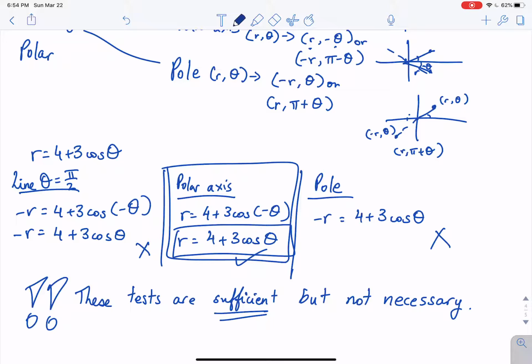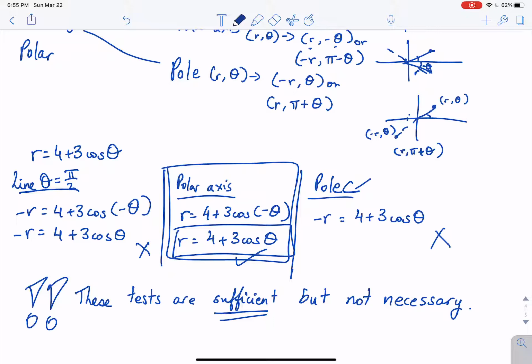As long as it satisfies it, that is sufficient proof for us to say that it is symmetric around the polar axis. It is not necessary. What that means is, if something is symmetric, it doesn't necessarily pass this test. So, for example, it didn't pass this test with the pole. That doesn't mean we can say categorically it is not symmetric around the pole. We should actually graph it and see.